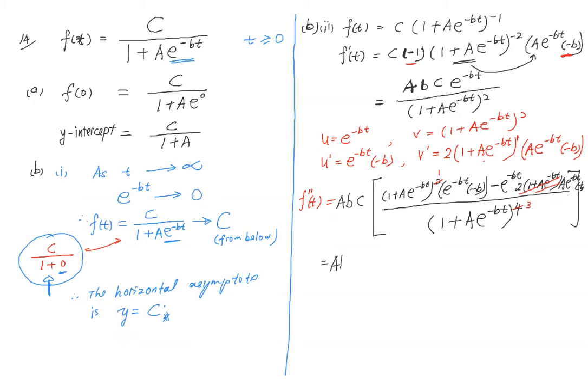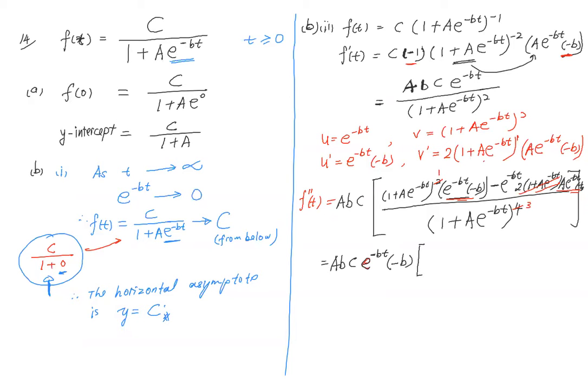A, B, C. Okay. Common factor here. Okay. e to the power of bt and negative b. So e to the power of negative bt, then negative b. You just take it out, it doesn't matter.